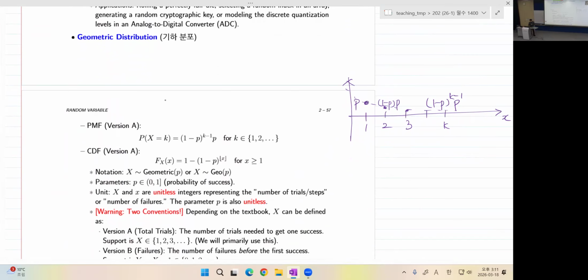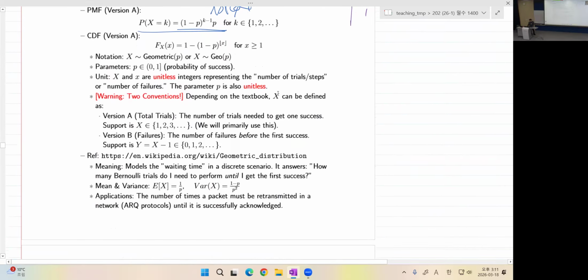And the distribution has what? The PMF has the term exactly a geometric sequence. That's why it is called geometric distribution.